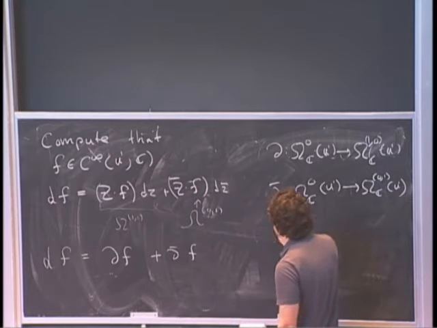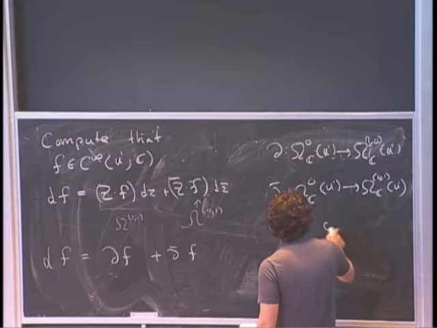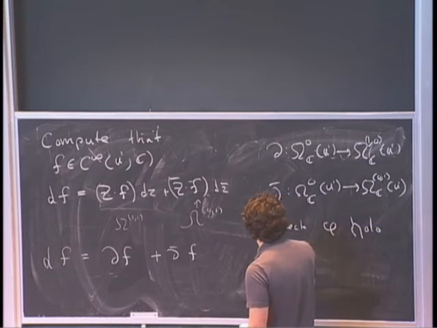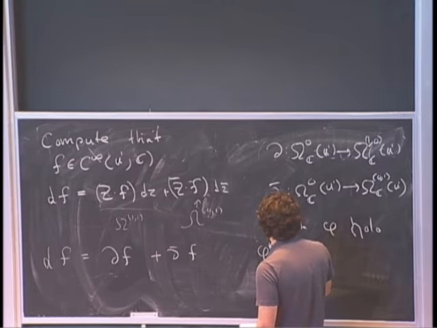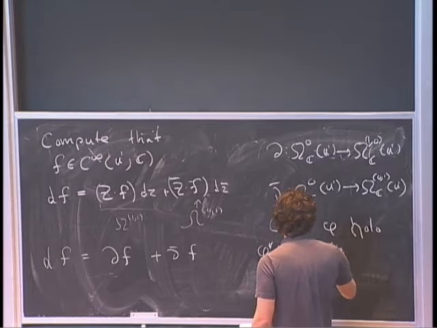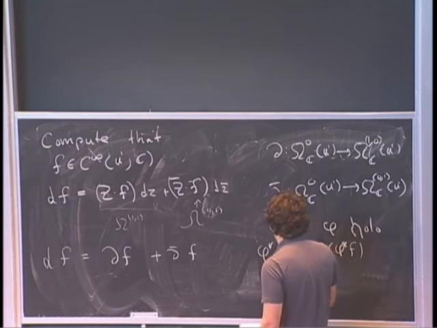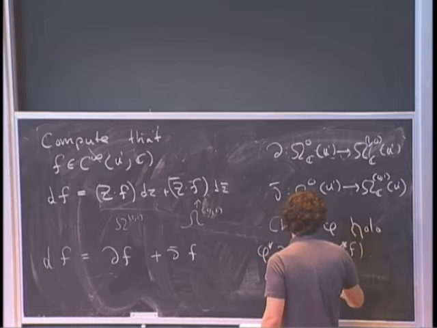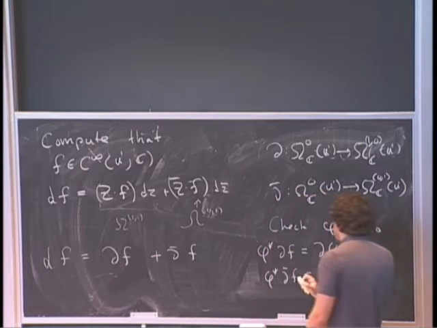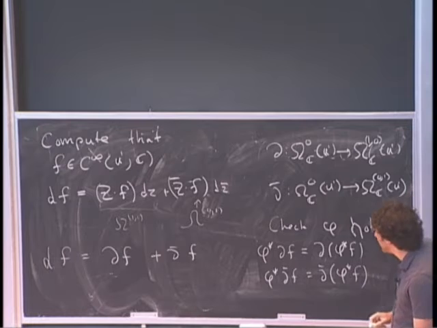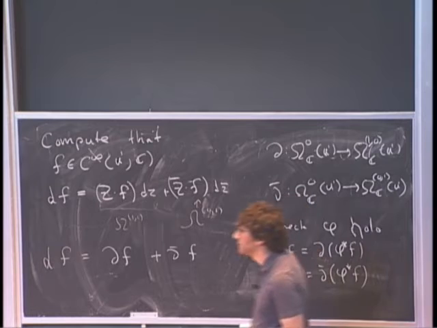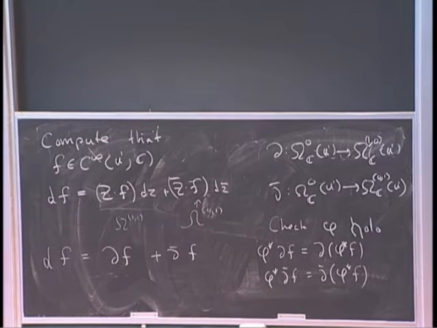So essentially, what you should check is that if phi is holomorphic, then the pullback of del f is the same as del of the pullback of f, and similarly for del bar. Essentially this just boils down to looking at this formula here and working everything out. So I leave it to you.